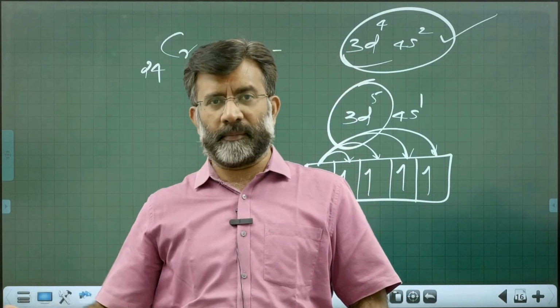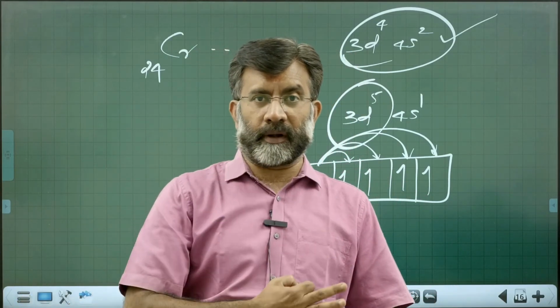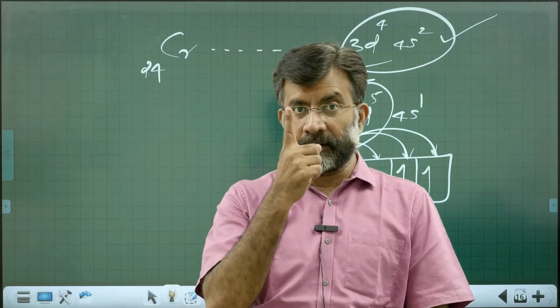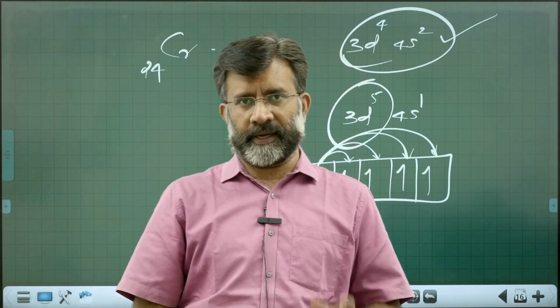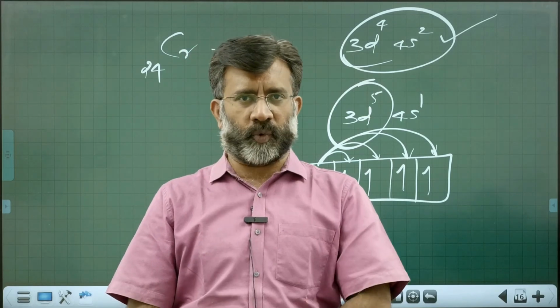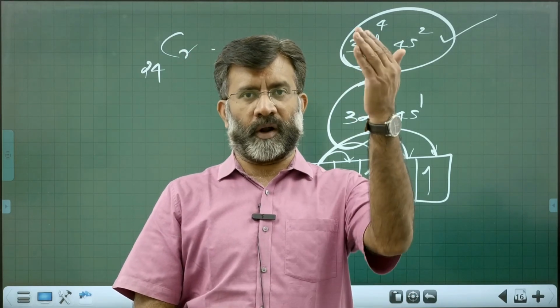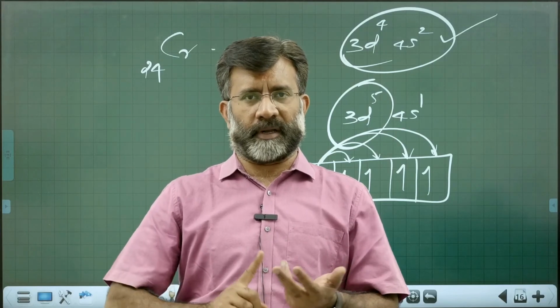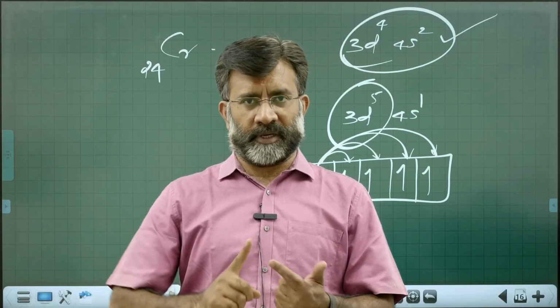Various Bohr model equations, energy of nth orbit, radius of nth orbit, velocity of nth orbit, angular momentum equation, mvr equal to nh by 2π. Then coming to the quantum mechanical idea, de Broglie relation, dual nature of matter, uncertainty principle. Then the quantum mechanical Schrodinger equation, quantum numbers, principal quantum number, azimuthal quantum number, magnetic quantum number, spin quantum number.